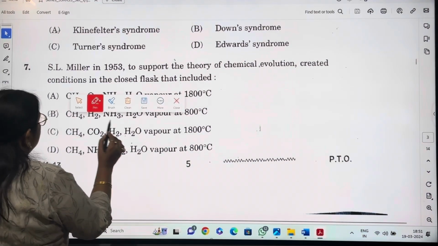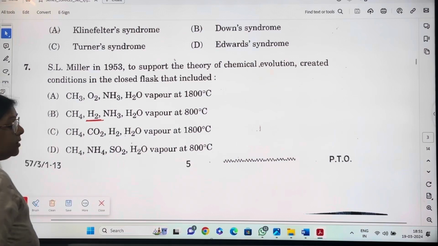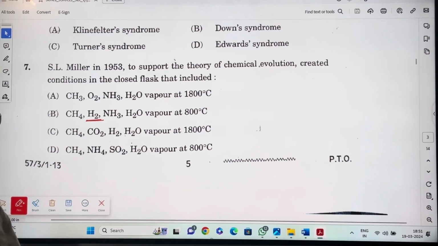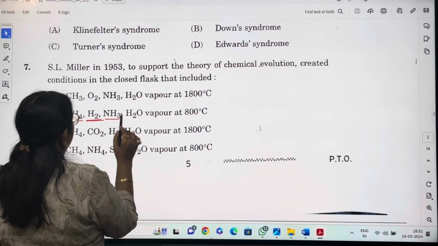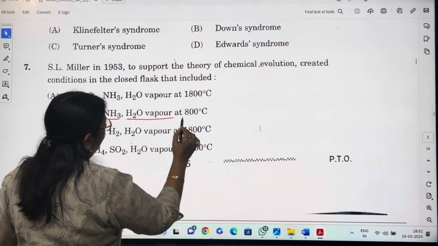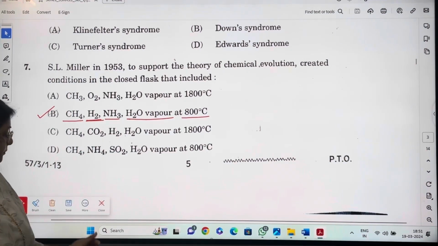So the correct answer is this, H2, because at that time the environment was reducing type and he used methane gases and ammonia, water vapor at 800 degree centigrade.